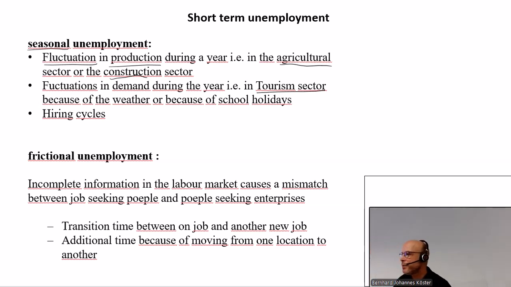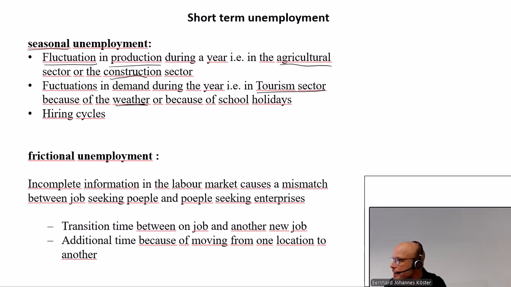And of course, we have organized this long holiday period over summertime, and in general also here the demand depends on the weather, and in general we would say the weather during summertime in the middle of Europe is a little better than during winter time.